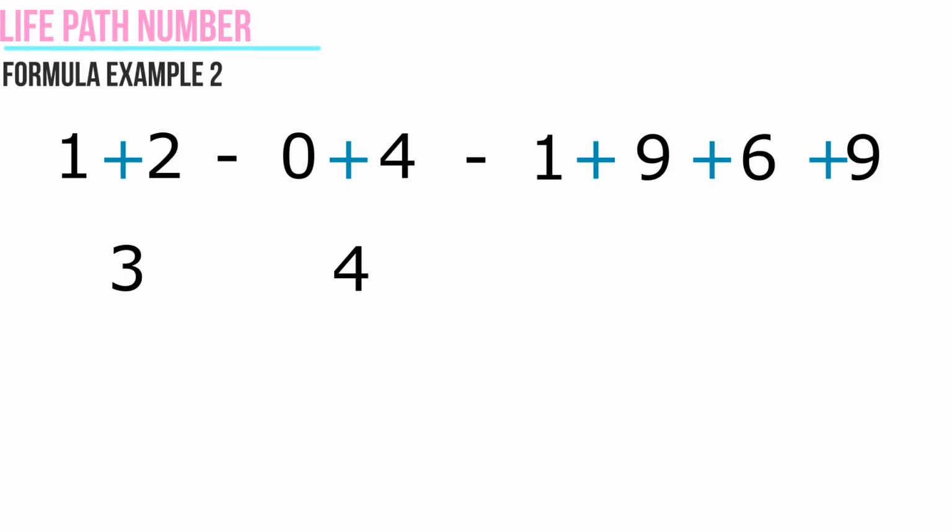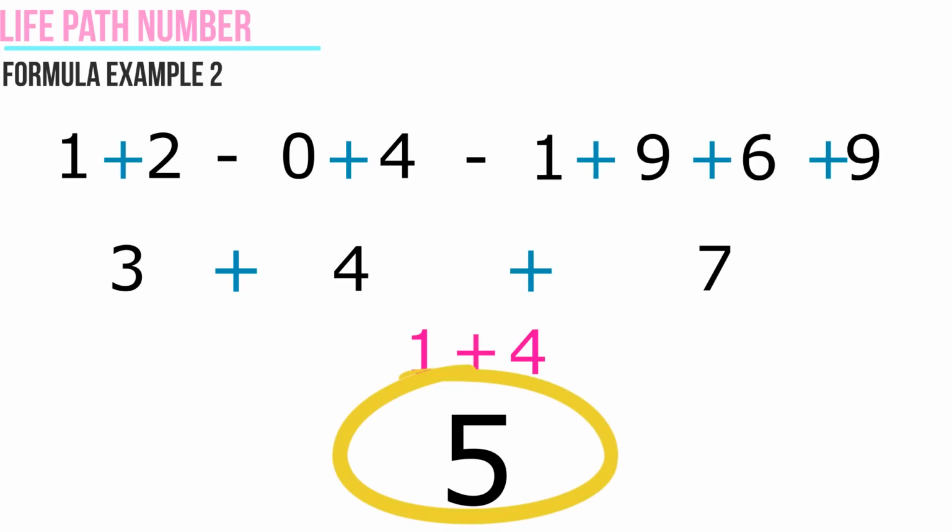And then we have the 1 plus the 9 plus the 6 plus the 9, which gives us 25. We have to reduce that even further, so we add the 2 plus the 5 and we get 7. So we're left with the single digits 3 plus 4 plus 7, which gives us 14. Add the 1 and the 4, and lo and behold, he has a 5 too. What? Match made in heaven.